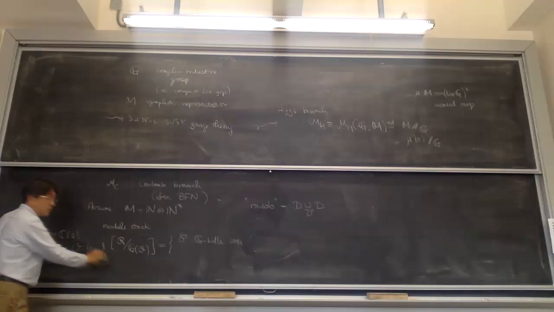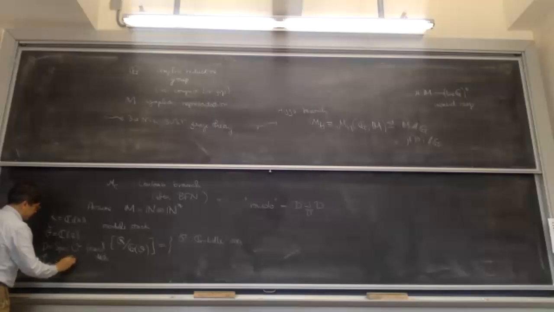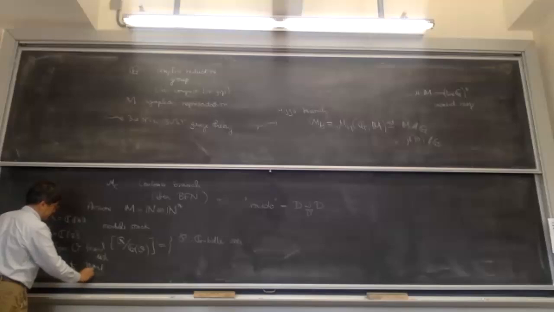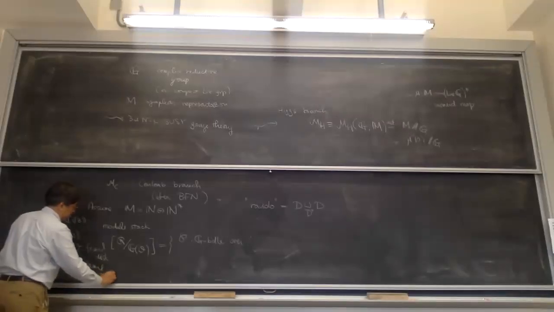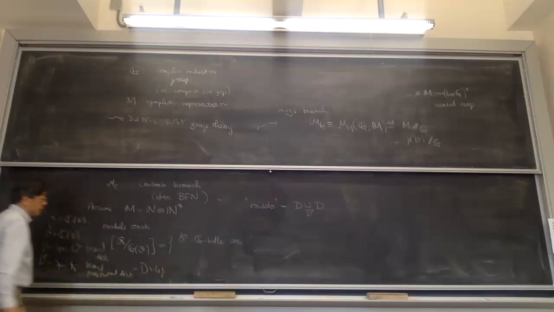If you are not familiar with this notion, just imagine that this is a disk in the complex plane whose radius is very small. And Spec of K is a formal punctured disk, which you can regard as the complement of the origin in the disk.